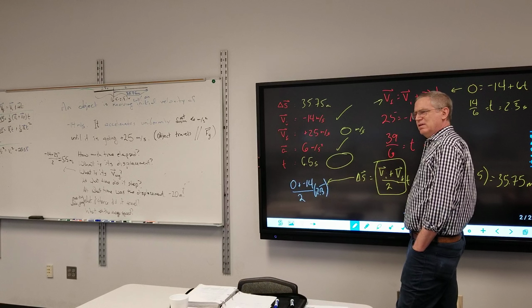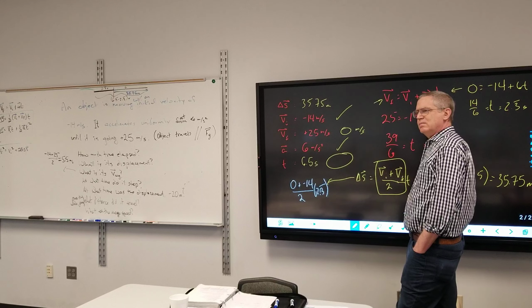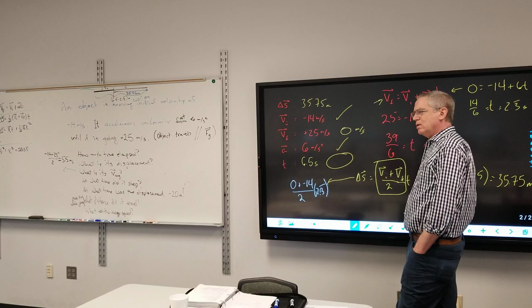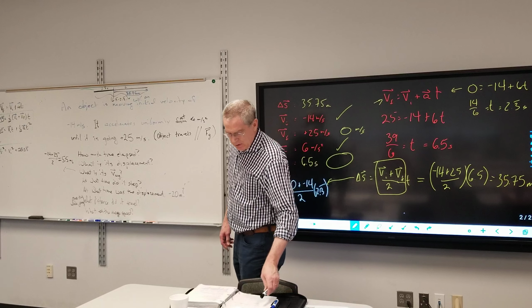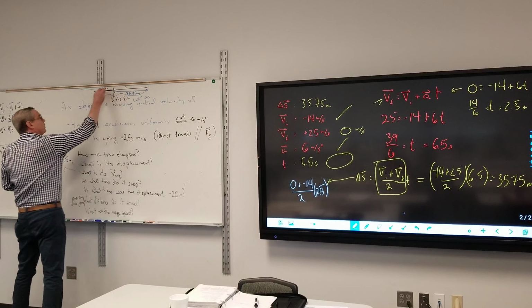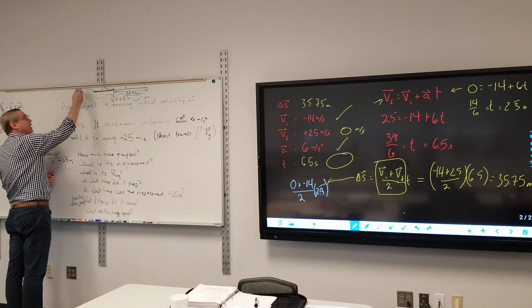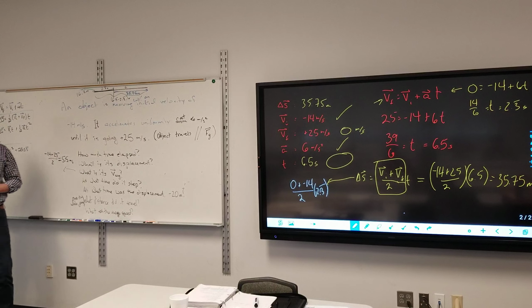That's 16 and a third. What'd you get? 16 and a third. So we now know that from here to here is 16 and a third meters. So what was the distance traveled?